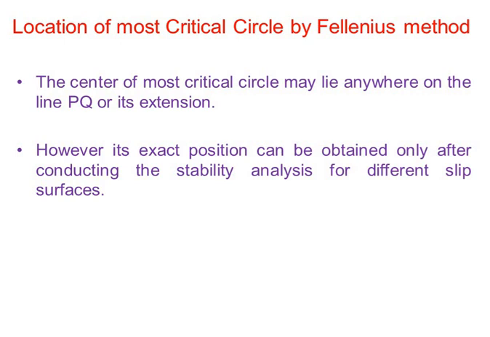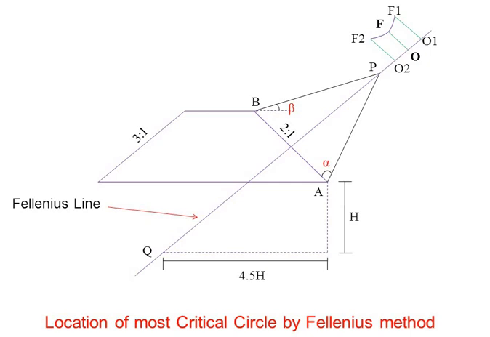However, its exact position can be obtained only after conducting the stability analysis for different slip surfaces, that is, after finding out the factor of safety values for different slip circles or slip surfaces. For different possible failure arcs with their centers at O1, O2, O3, etc. on the Fellenius line, the respective factors of safety are determined as F1, F2, F3.